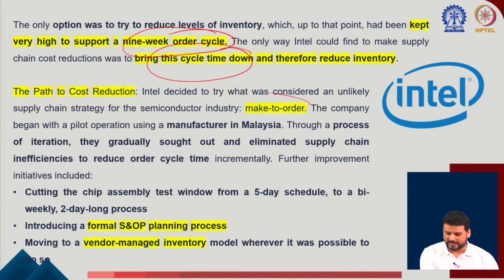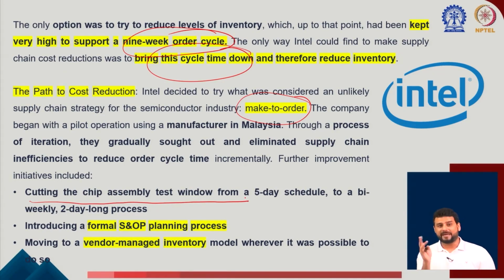So they thought, okay, we will go for make to order. Once we get the order, only then we make it, right? This is one approach they opted for. And then they cut the chip assembly test window from a 5-day schedule to a bi-weekly 2-day schedule, right? So 3 days they cut there, and then they analyzed very frequently and minutely their sales and operation planning, right?